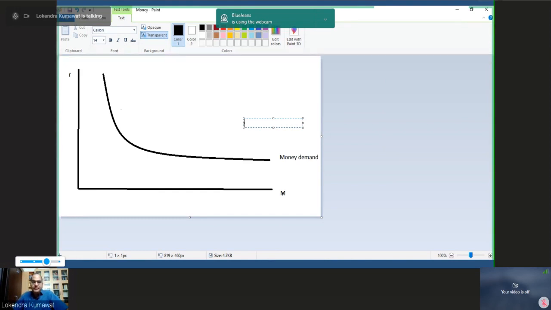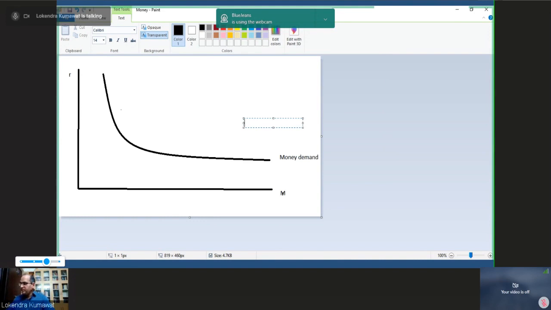And here we confine ourselves to financial liabilities of a particular set of financial institutions, which are said to be money creating institutions. These are of two types. One is the central bank of the country, and the other are banks, commercial banks, cooperative banks, etc., which are collectively called the banking system, or which satisfy the definition of depository institution as defined by the International Monetary Fund.